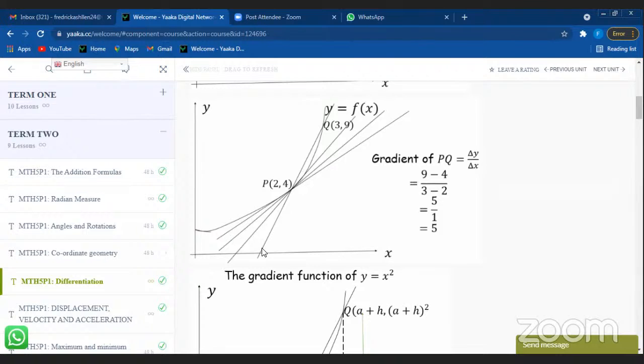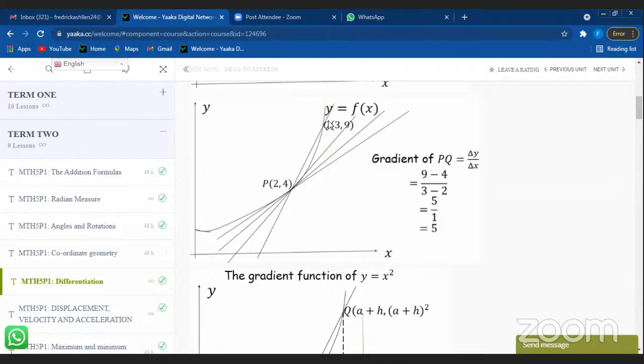Then we have one of the lines which is cutting the curve at two points, which are P and Q. And when we are given these two points, we could easily find the what?